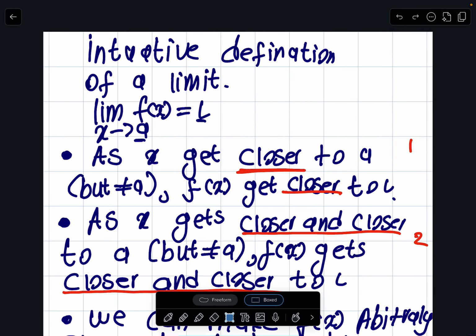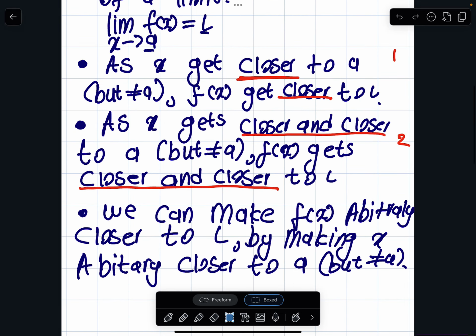Those are the only points you need. Nothing more, nothing less.